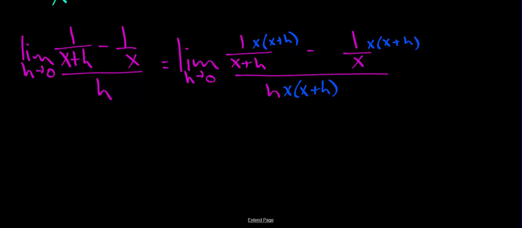I multiply by the product of the extra denominators. And what happens when I do that is those extra denominators get canceled.